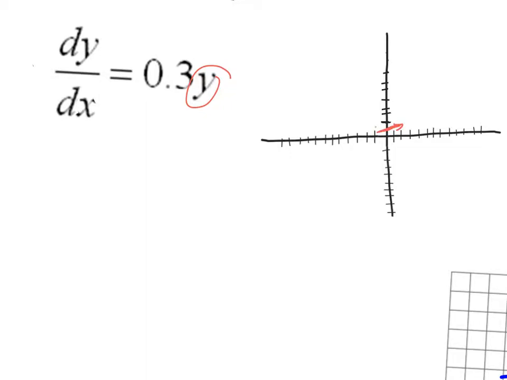And then as you go up, it gets a little bit steeper, a little bit steeper. When you're at, let's say, 10, your slope should be around 3. So along the y, it's going to be the same slope.